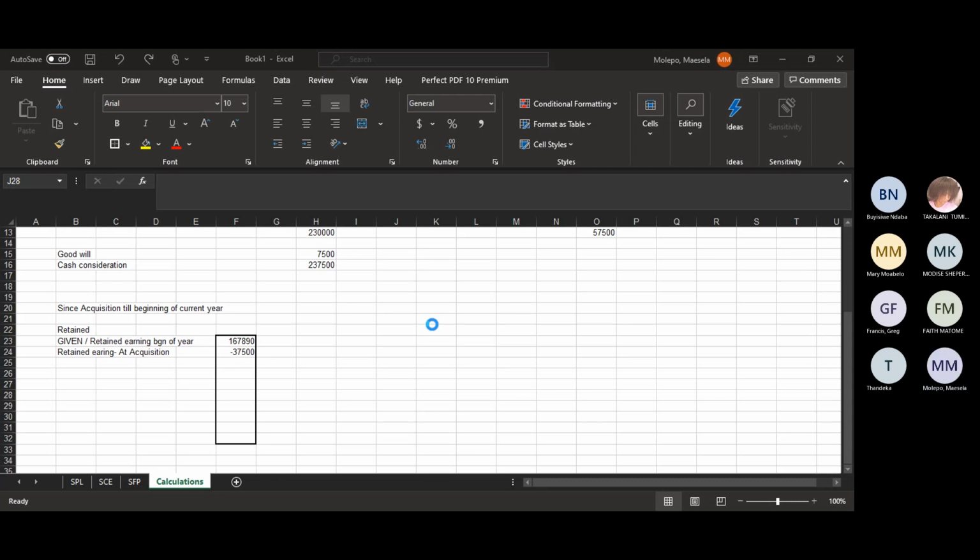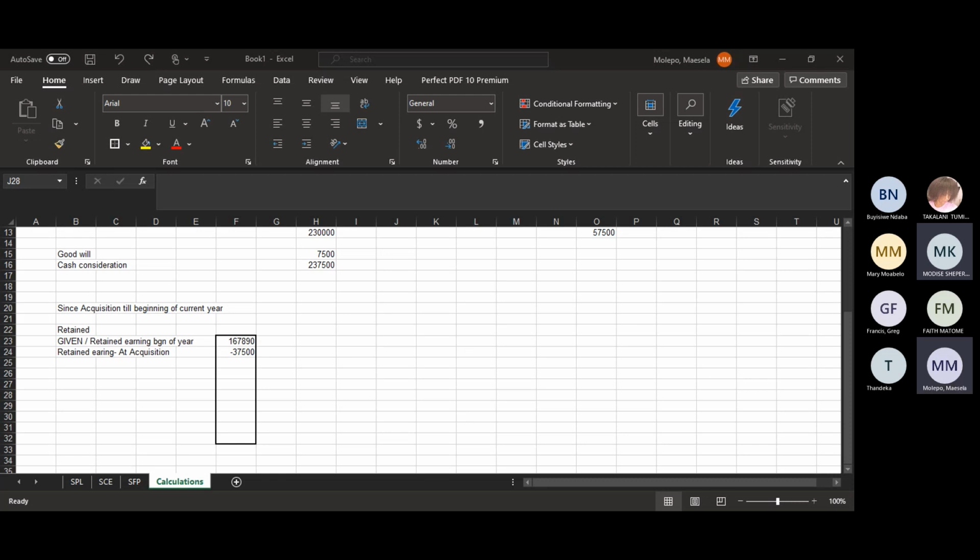Mulise, adjustment number 5, will it form part of the realized or unrealized? Unrealized inventory which was purchased from SIA.